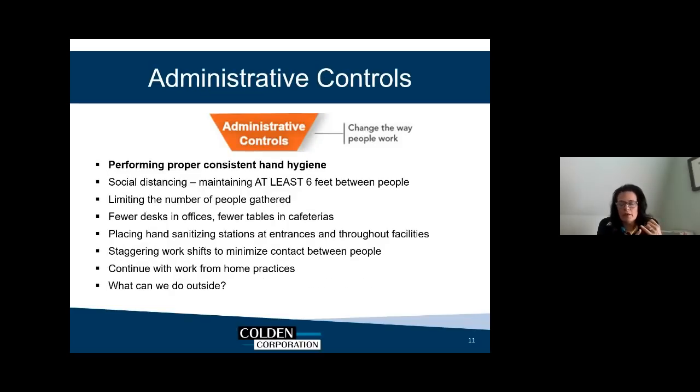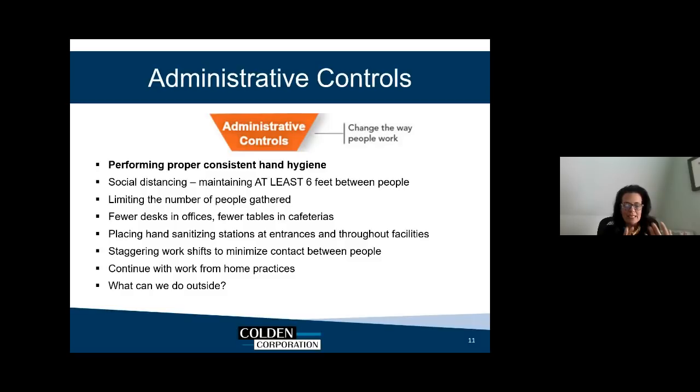So if you can't eliminate, substitute, or engineer out, we want to next think about administrative controls. And this is the largest slice of control that we're probably going to have to harness here during COVID. This actually changes the way people work. It actually requires people to participate and think differently about work.